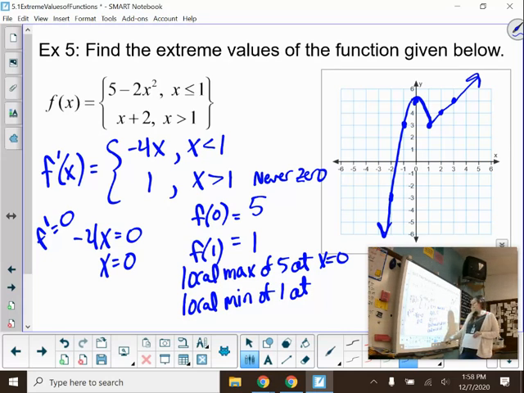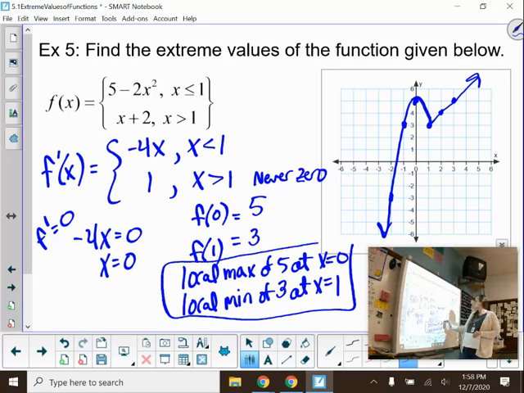I'm sorry, that's not 1, that's 3. I wasn't even paying attention to my own work there. At x equals 1. Because there are places where the values are lower and the values are higher, these are locals instead of absolutes. So you want to make sure that you are careful when you distinguish between those.